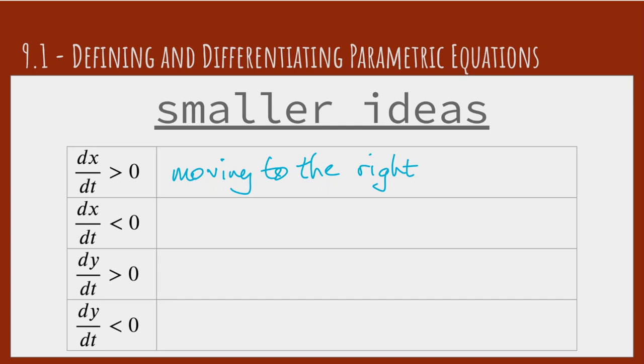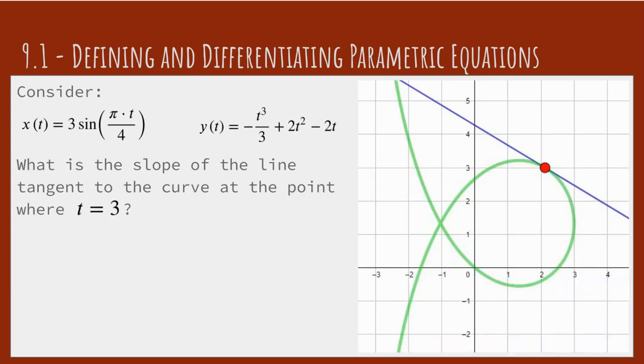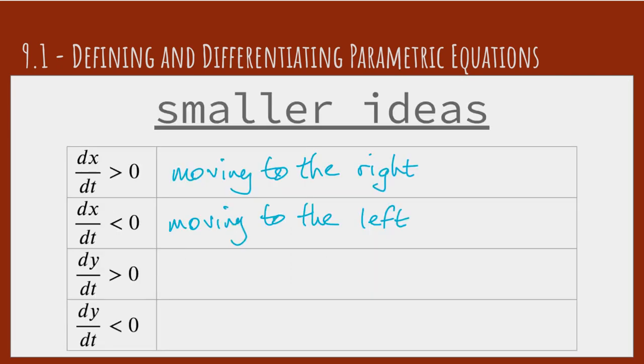On the other hand, if dx/dt is negative, that means that it's moving to the left. And the nice thing here is motion to the right or to the left only depends on the definition for x. So if we look at this example again, motion to the right or left only depends on this one. So we can simplify problems if we want to know certain things about the motion of an object.